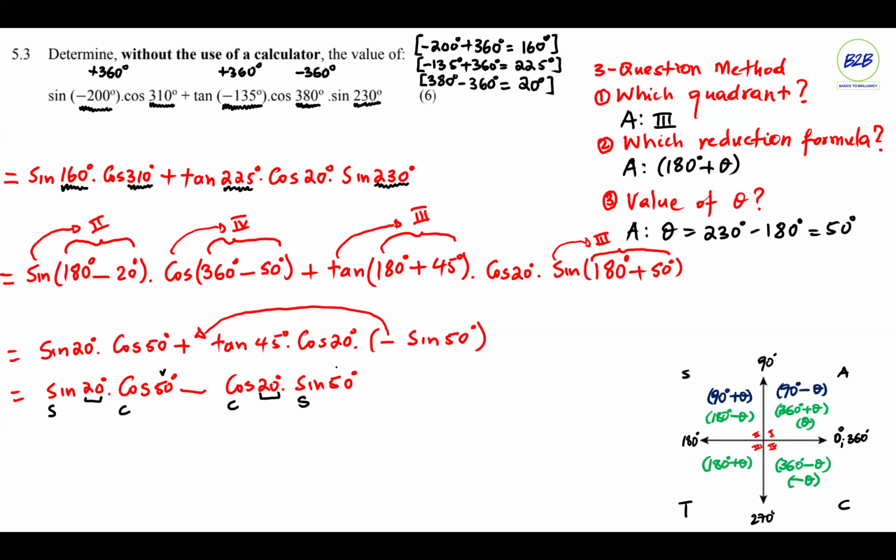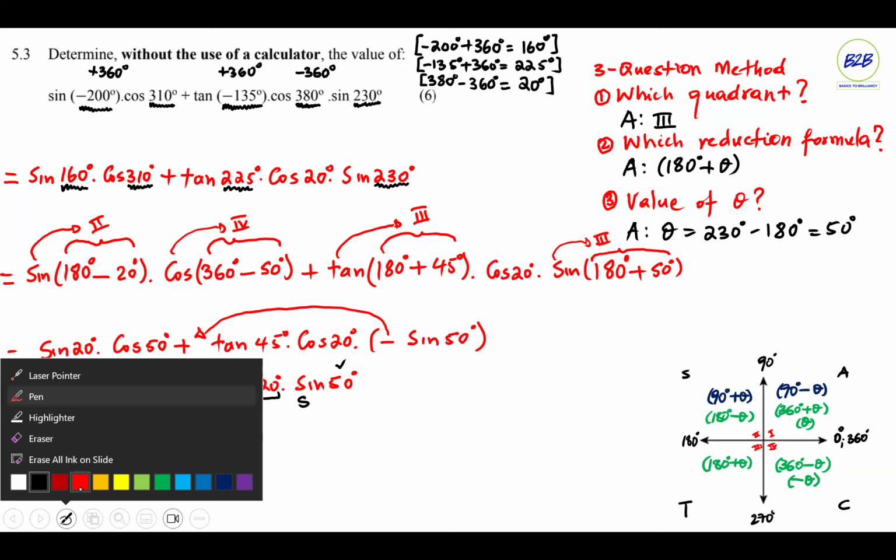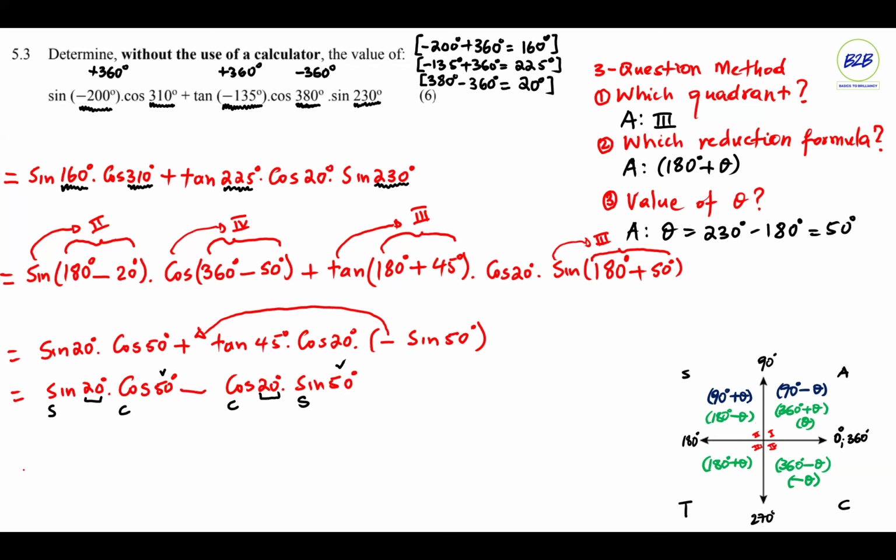This angle is the same as that angle. Therefore, we can convert all of this into a compound angle of sine. The first angle is 20 degrees. The second angle is 50 degrees.